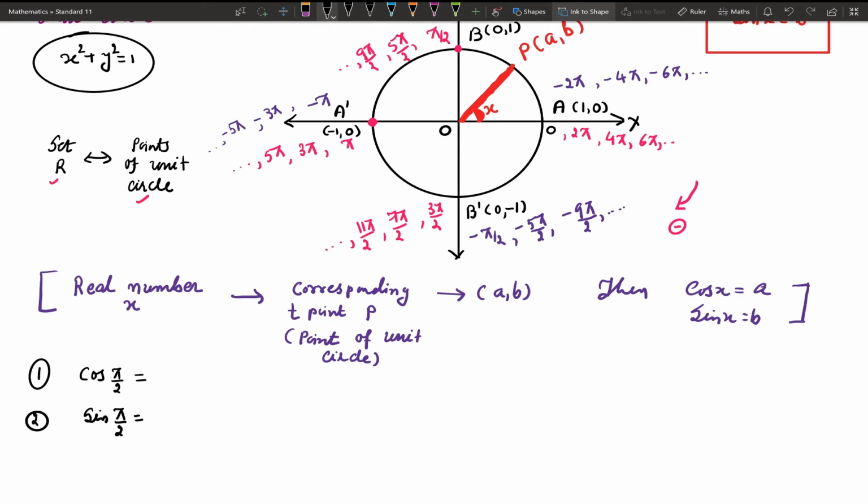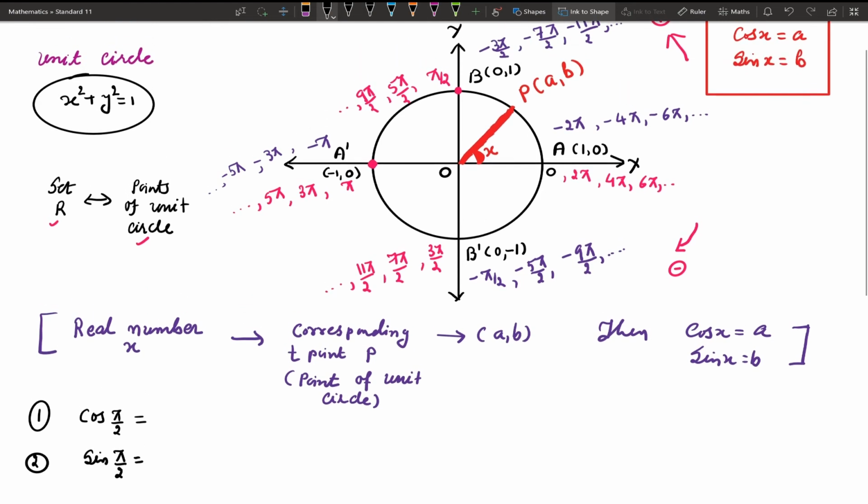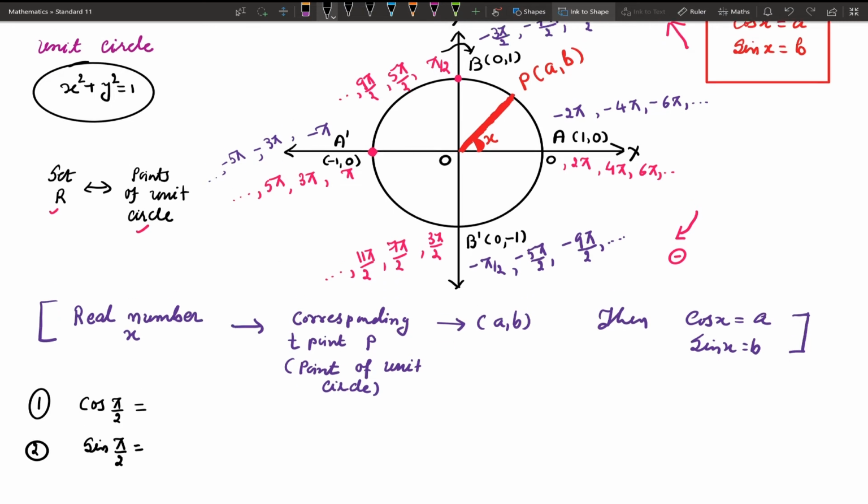Pi by 2 is 90, we all know cos 90 is 0, sin 90 is 1, but pi by 2 as a real number, the corresponding point of the unit circle pi by 2, the corresponding point of the unit circle is B (0, 1).